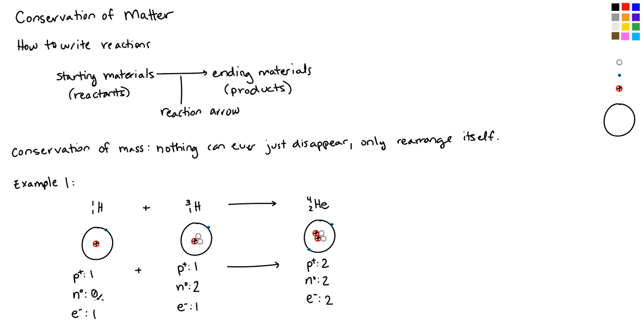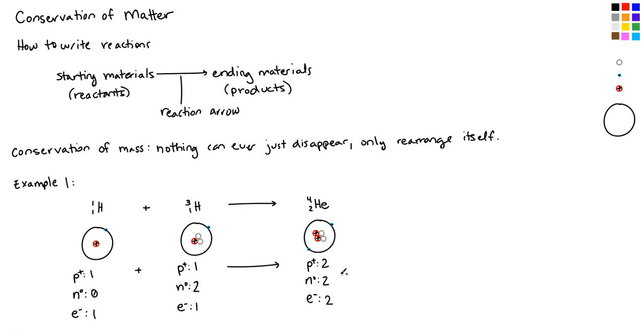If we look at our neutrons, we have 0 in this atom, 2 in this one. And so sure enough, when we look at our product, we still have 2 neutrons. And then again, with our electrons, we started with 1 in this atom. We had another 1 electron in this atom. And so if we counted them up on this side, 1, 2, they should equal the same number on the other side, 1, 2.